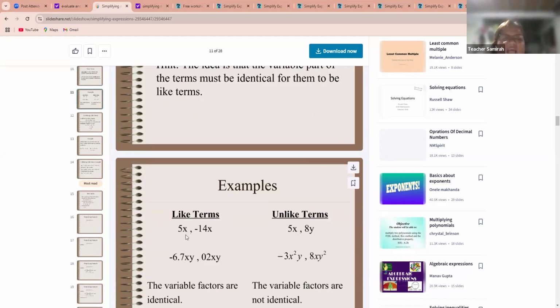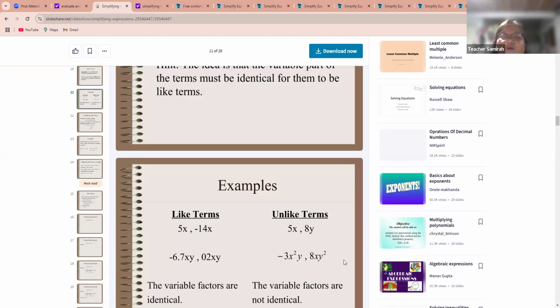Take note, they both have variable x. 6.7xy is just the same as 0.2xy. So we consider these as like terms. They have the same variable and they have the same exponent, which are both 1. Okay, xy and then another xy. So the variable factors are identical.